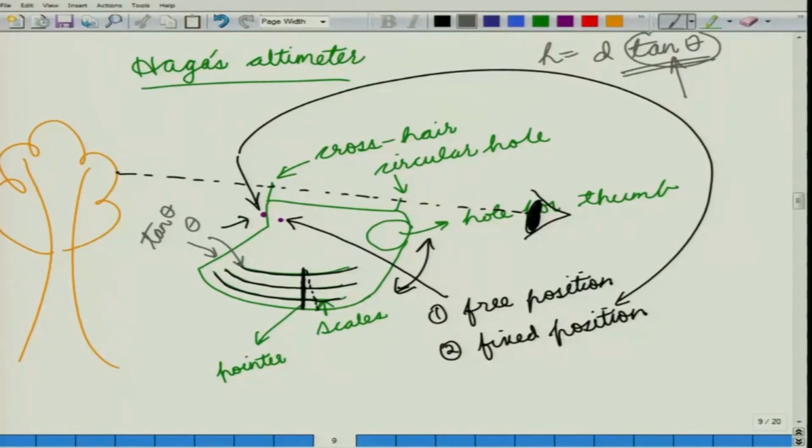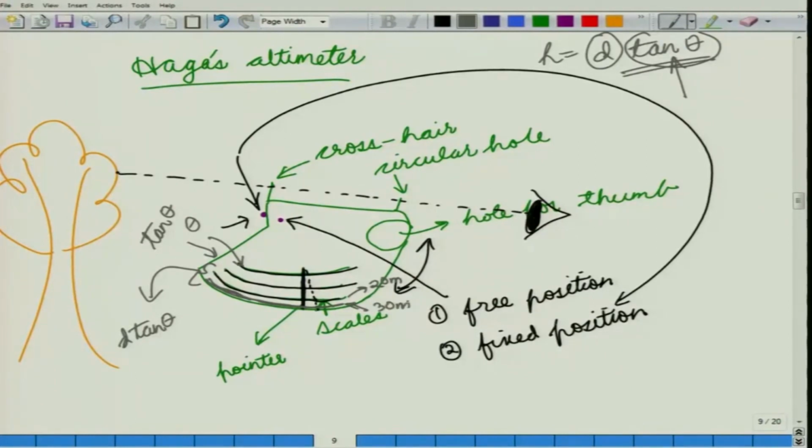There would be other scales as well on this device that would give you d tan theta for two different distances. Let us suppose that these two scales were giving you d tan theta. There would be one scale for, say, 20 meters and the other scale for, say, 30 meters.